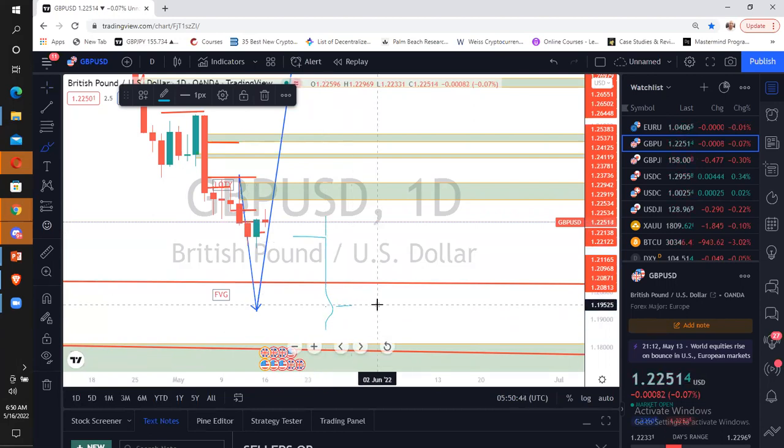Remember this. Open and close. Opening, manipulation, distribution, and close. All right. Now, this is what we have gotten: opening, manipulation. We want to get distribution below this, then close.